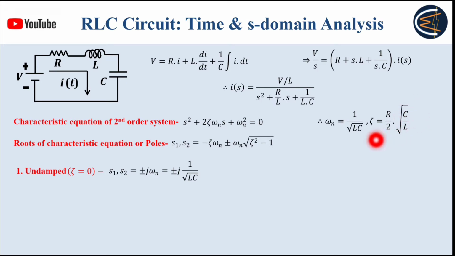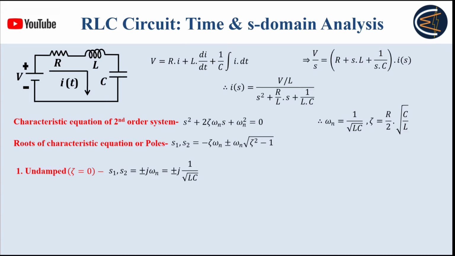That is only true from the theoretical perspective, but practically it is not possible, because if you make C 0, the natural frequency becomes infinite, which is not possible. So the only option is that the resistance is 0, and that means the damping ratio of the system is 0, because we all know the resistance acts as a damping element in an electrical circuit.